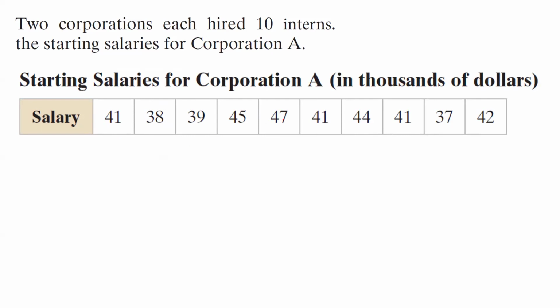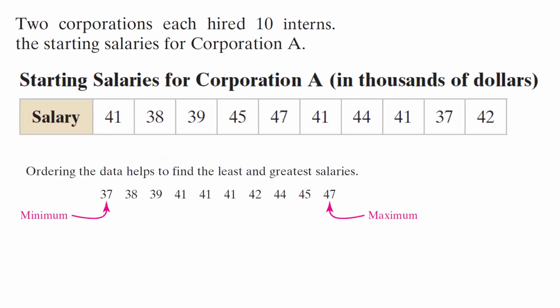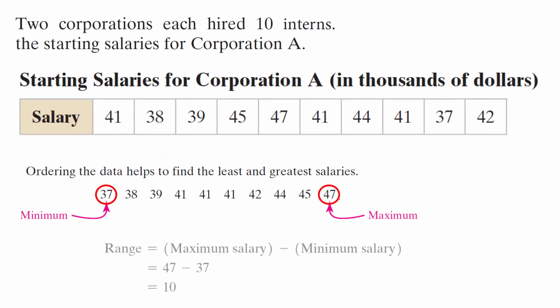What is the range of the salary? You can list them from smallest to largest and then find the difference between the maximum value and the minimum value, which is going to be $10,000.